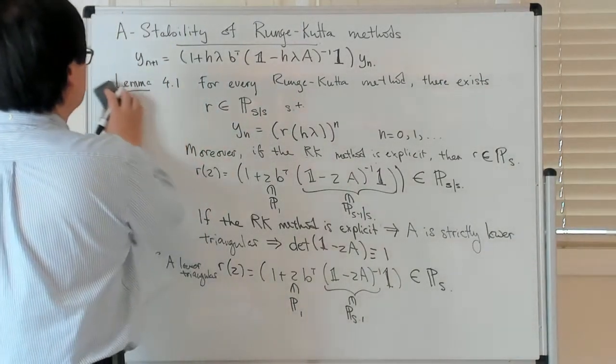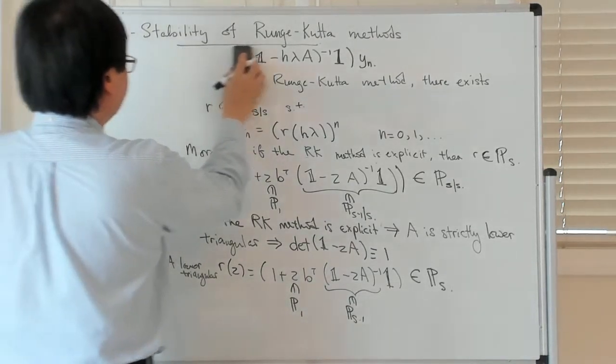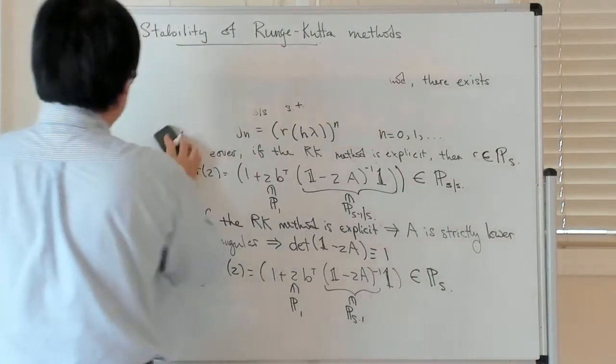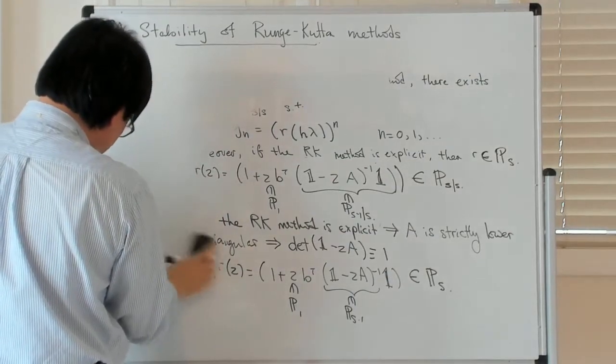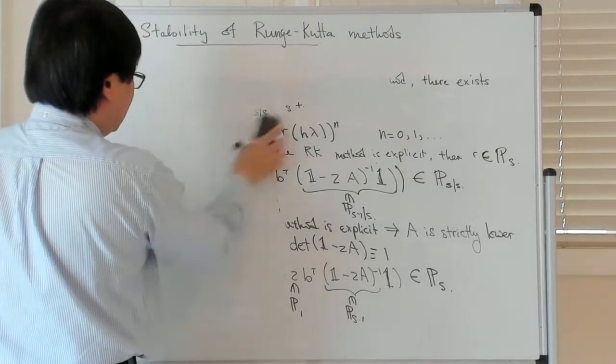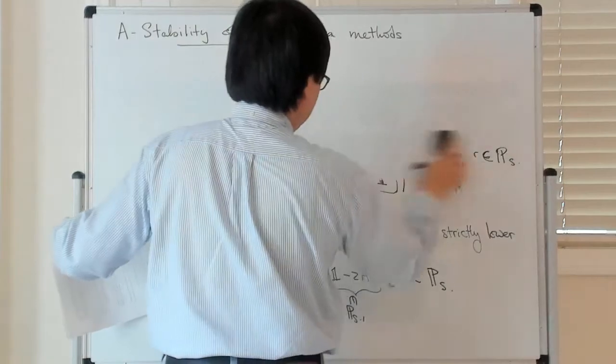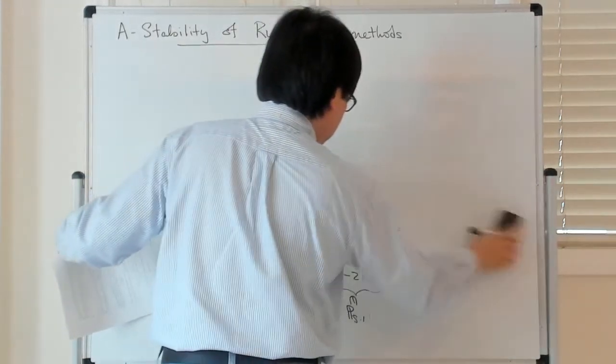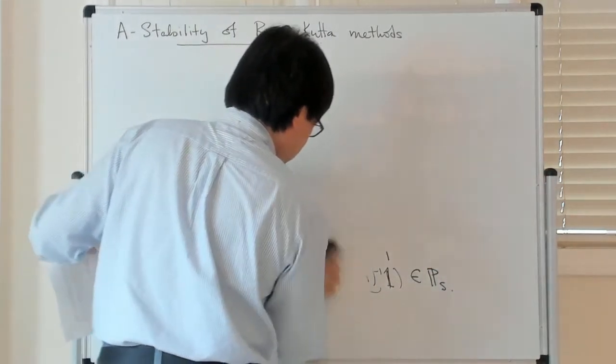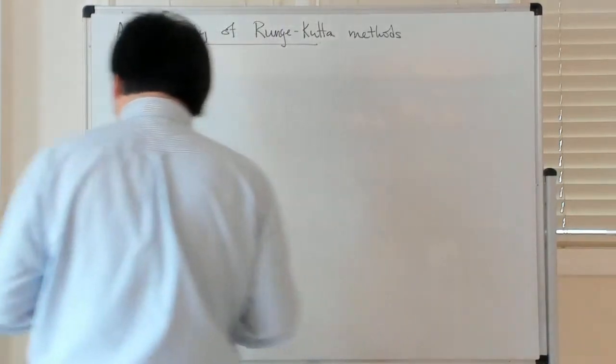So just with this observation alone, we can say something about the A-stability of explicit Runge-Kutta methods. Let me state the lemma.